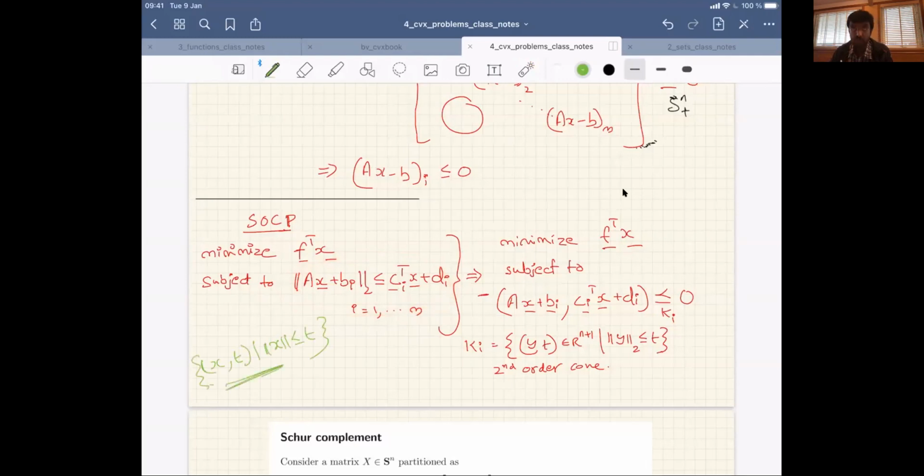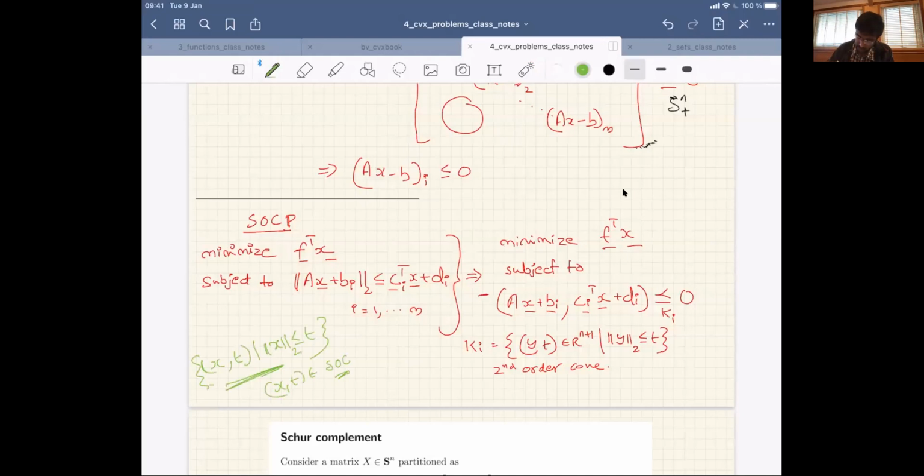This was the second order cone, the ice cream shaped cone. So (x, t) belongs to the second order cone. For second order that should be the norm 2, otherwise it's a norm cone. There can be any norm cone.